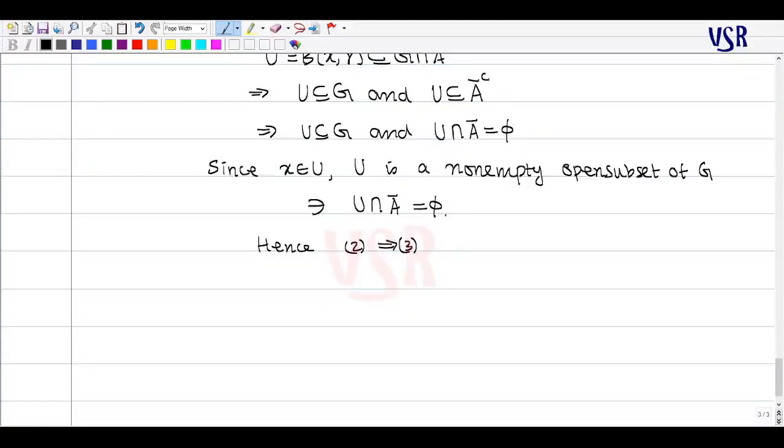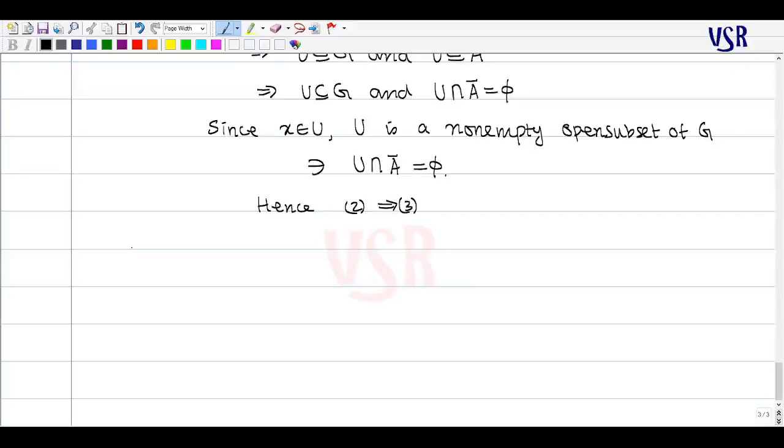Okay, so now the 3 implies 4 proof. We will prove 3 implies 4. This is very easy.